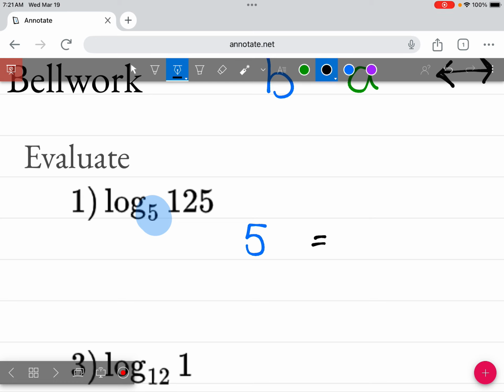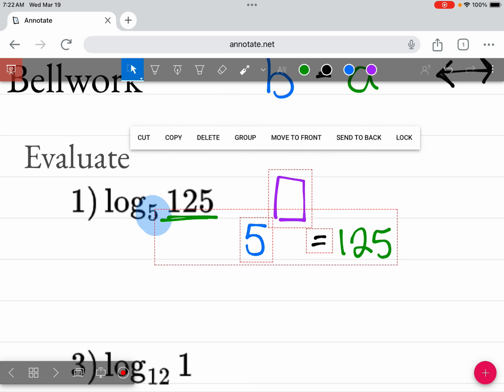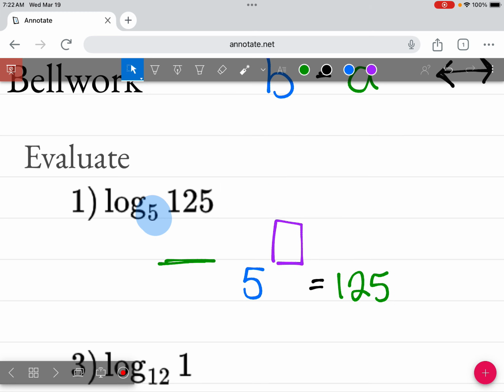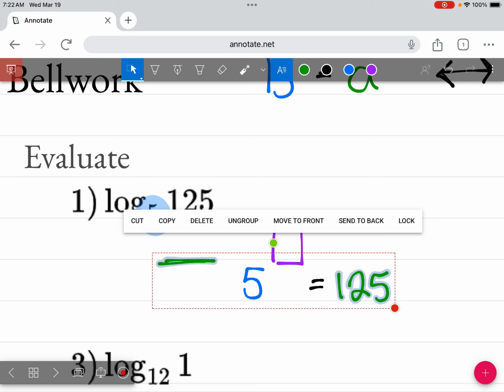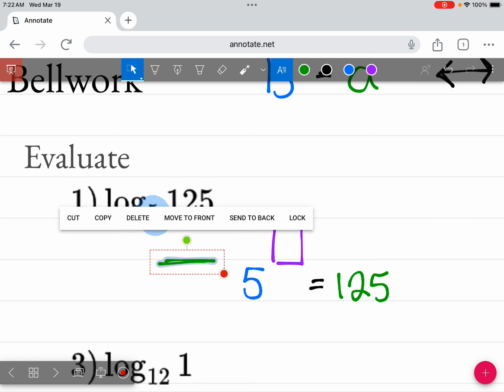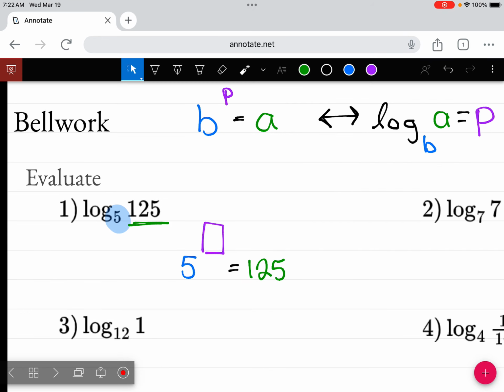We know our argument is the 125, and we're trying to figure out what power goes here to make this true. So what power would go there to make this true? 5 to the what is 125? Cubed, 5 to the 3rd.